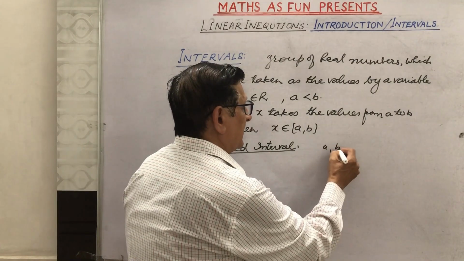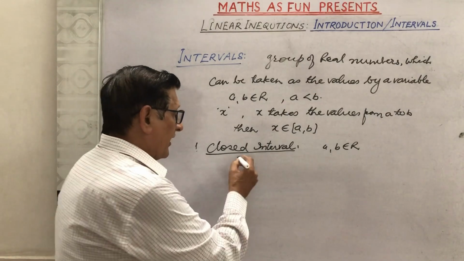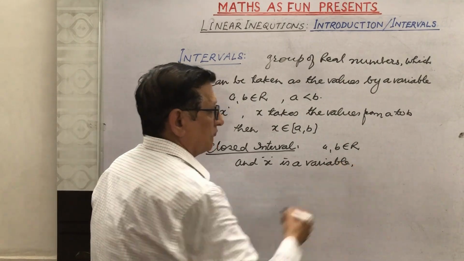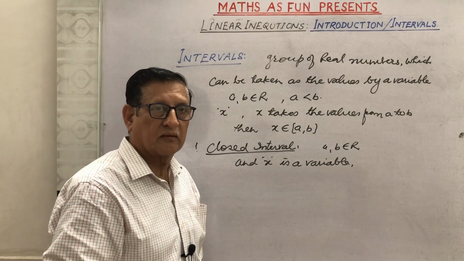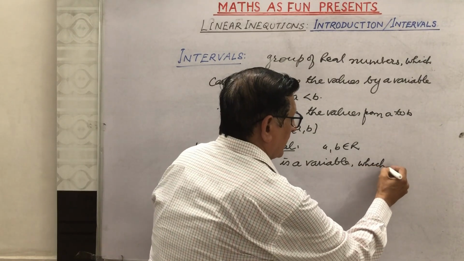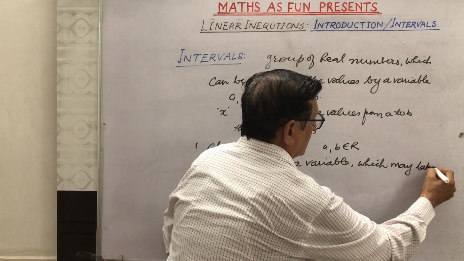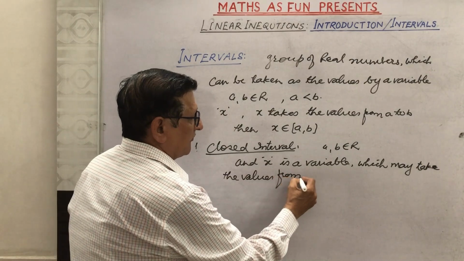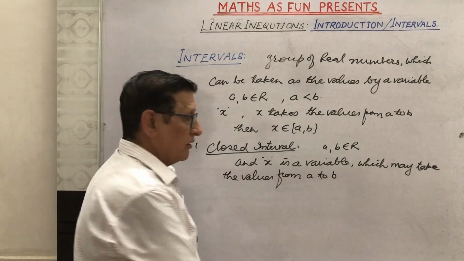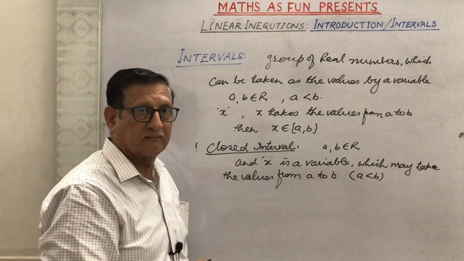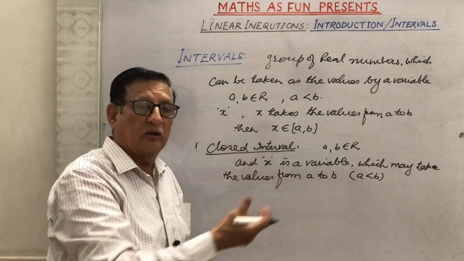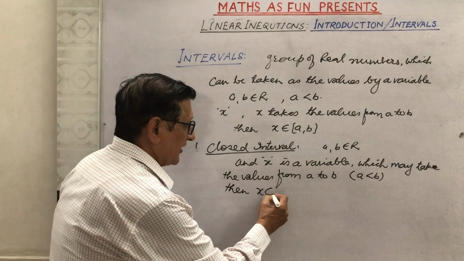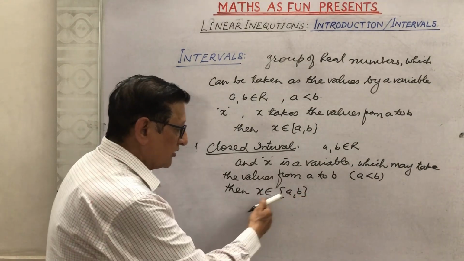Suppose we have a and b, any two real numbers, and x is a variable which may take the values from a to b, a is less than b. A to b means a and b both are included, and all the real numbers lying between a and b. Then we say that x belongs to [a, b]. This is the closed interval.